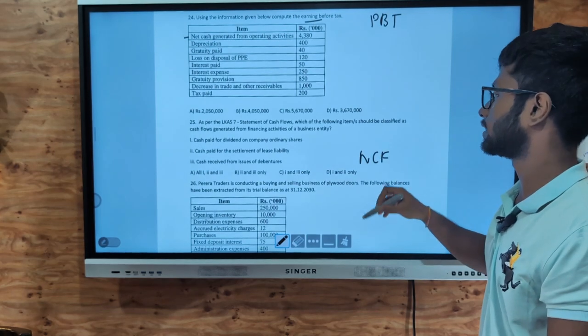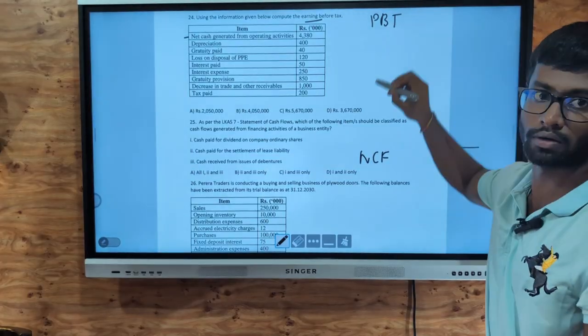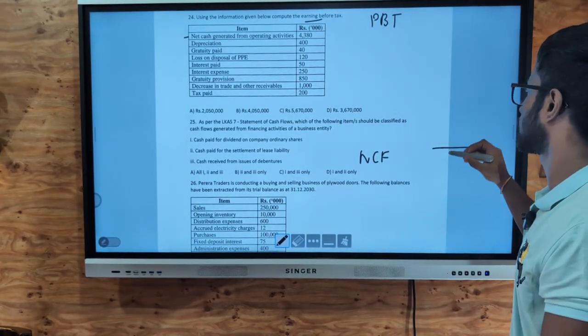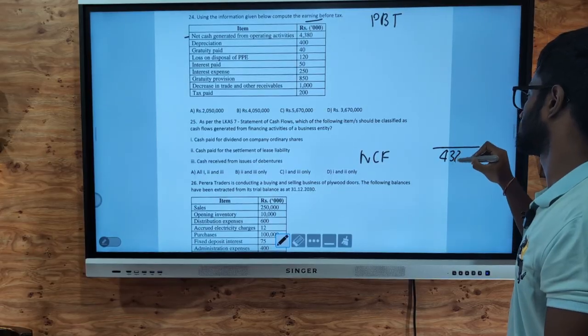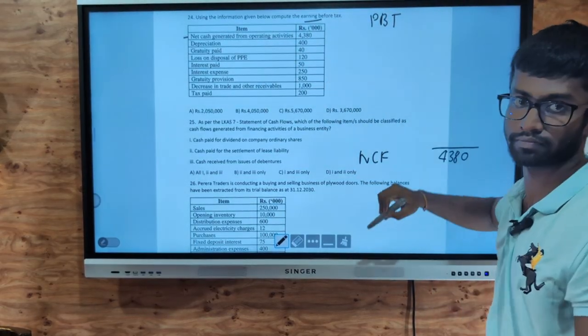But in this case they have given us the net cash flow, and we have to do a backward, upward calculation. So here net cash flow is 4380. We'll record that. Now all these items, whatever we have to do, we'll do it here.